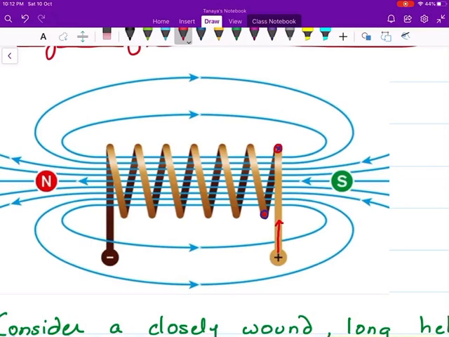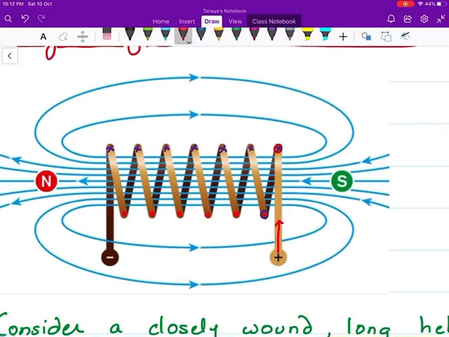The current is coming out. When the current is going in, we can show it by a cross, and when it is coming out, we can show it by a dot. So throughout this solenoid, the current will go in through the top part and it will be coming out in the outward direction in the lower part.